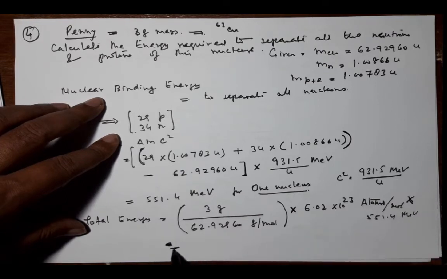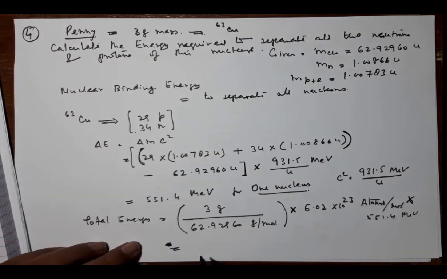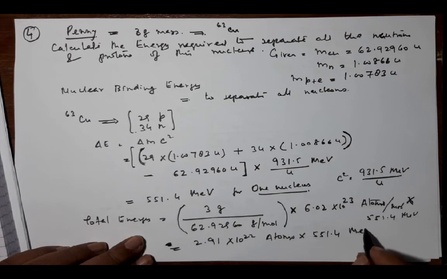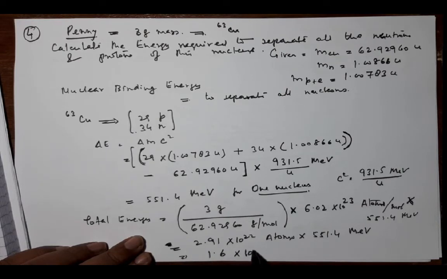So it will come out as 2.91 into 10 raised to 22 atoms into 551.4 MeV, and this will be equal to 1.6 into 10 raised to 25 MeV.